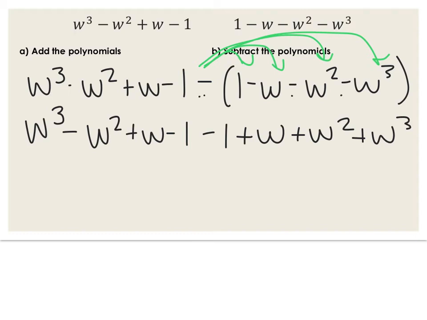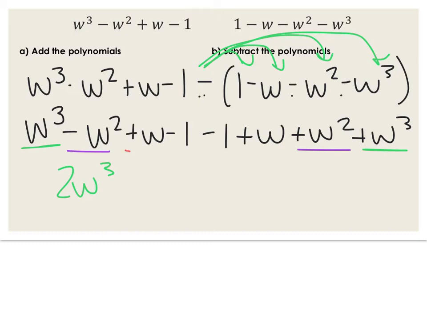Now I can combine my like terms. I start with the first, w cubed, looking for another cubed. There she is right there. I'm adding two of them together, so I end up with 2w cubed. Now I'm looking at my w squareds. This one's negative, that one's positive. They cancel each other out. There's not a whole lot to do with that one.